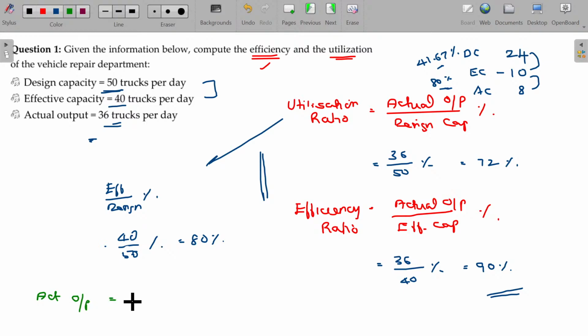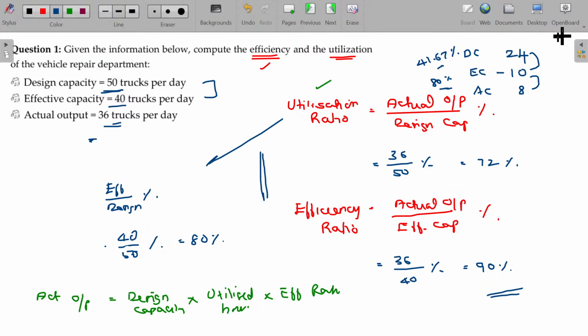Now for the actual output, you usually multiply this way: design capacity multiplied with utilization hours, multiplied by efficiency ratio. Rather than utilization ratio, it may be utilized hours like I have given here.